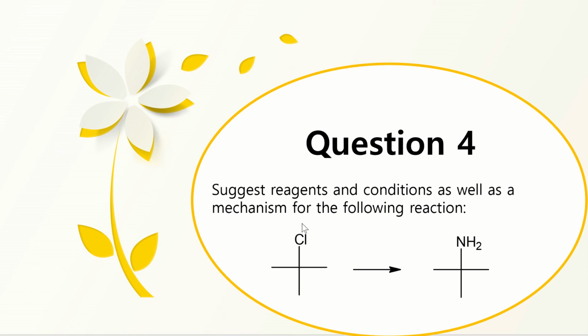The first thing that you need to do is to say, I had a substitution between the chlorine and the amine, right? So where the chlorine was, the amine now is. So that's the first thing that you should pick up. But what else do I need to effect this reaction, and what is the mechanism?